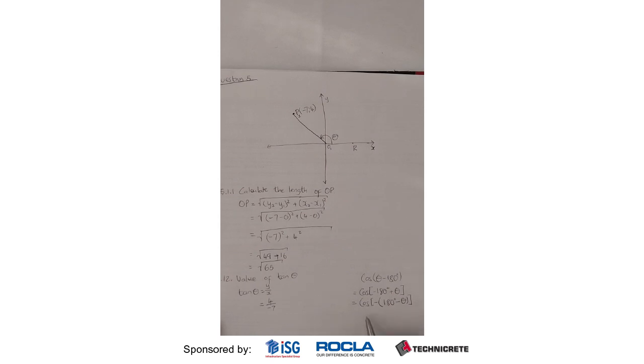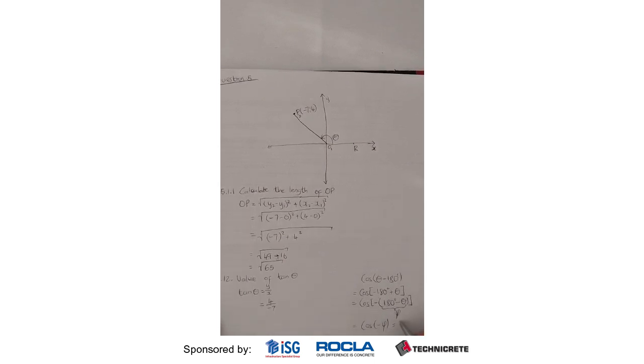Now the question is, how do we solve for negative angles? Let's take this to be one angle and label it alpha for now. If we have cos of negative alpha, what does that become?